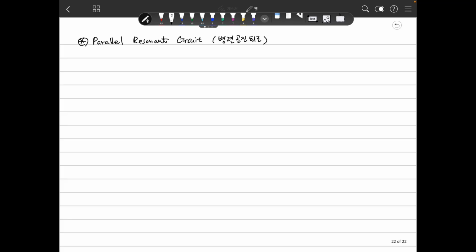To derive it generally, including the resistor, we have some source, and there are R, L and C.